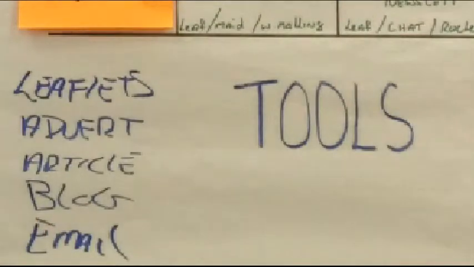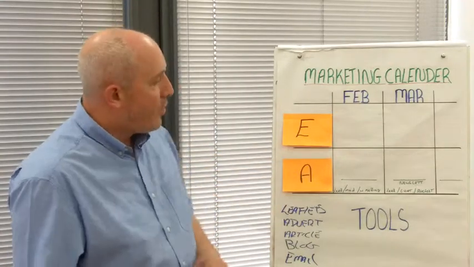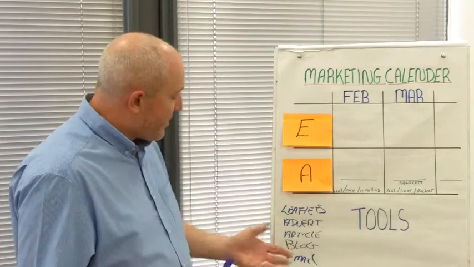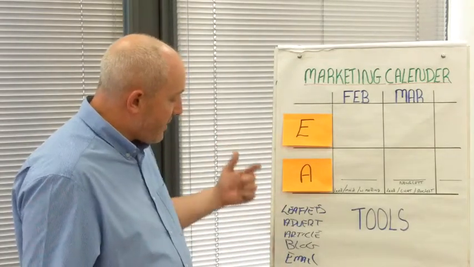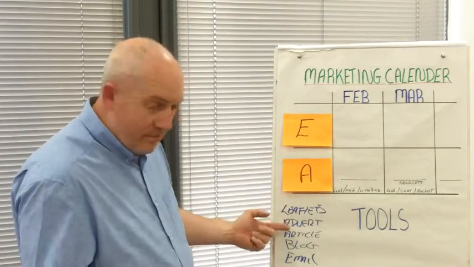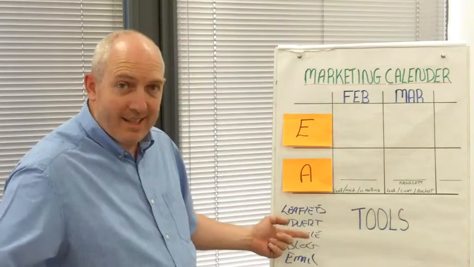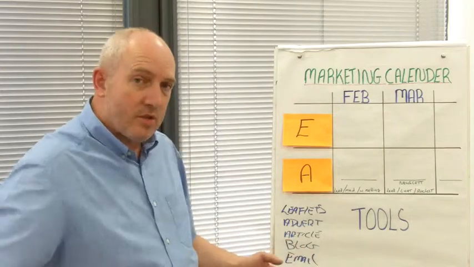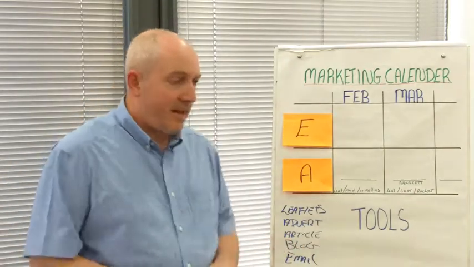So that's just a selection of some of the tools that I would use in my marketing. And we need to know what we have available to us that we can deploy when we're working on our marketing calendar. So as I said, that's a selection of the things that I use: leaflets, adverts, articles that I would present into magazines, or blogs that I would put on my site, or maybe guest blog on somebody else's site, and email marketing.